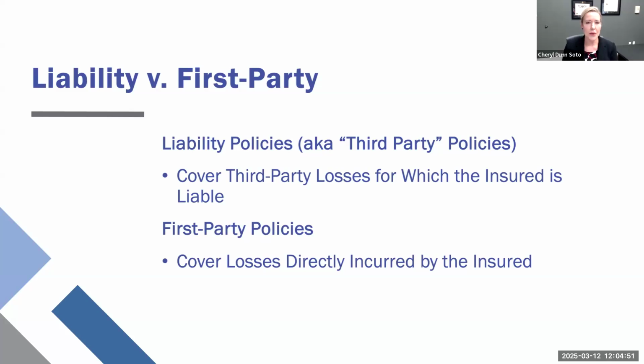So cyber policies may cover you if your customers sue you because their data has been exposed on the internet. That would be a third-party coverage in a cyber policy. In contrast, first-party policies will cover your company when it directly suffers a loss. For example, the factory burns down, or maybe all of the data is lost and needs to be reconstructed. Those are examples of first-party policies. So think of a first-party property policy.